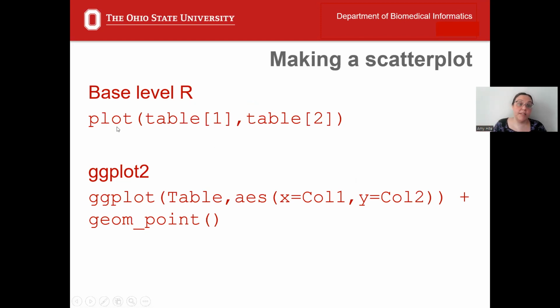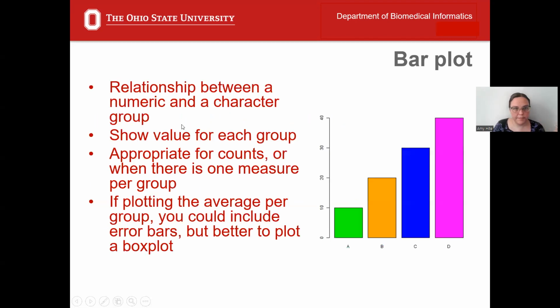If you're just using base level R, the function is plot, and you tell it your column for your X, comma, your column for your Y. Here I'm referring to them just by the numbers. You could also do table $ the column name. But you have to make it a vector somehow.